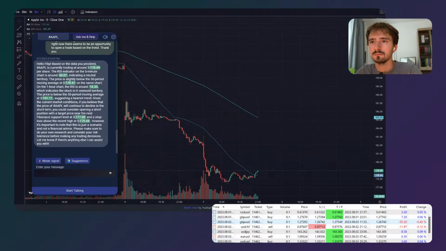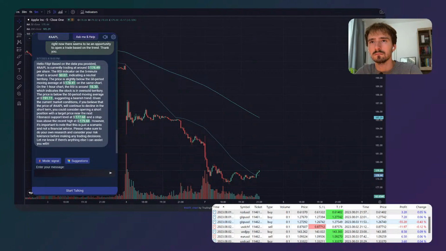On the 1-hour chart, the RSI is around 16.30, which indicates the stock is in oversold territory. The price is below the 50-period moving average at $191.11, suggesting a bearish trend. Given the current market conditions, if you believe that the price of hashtag AAPL will continue to decline in the short term, you could consider opening a short position with a target price near the next Fibonacci support level at $177.68 and a stop loss above the recent high at $179.